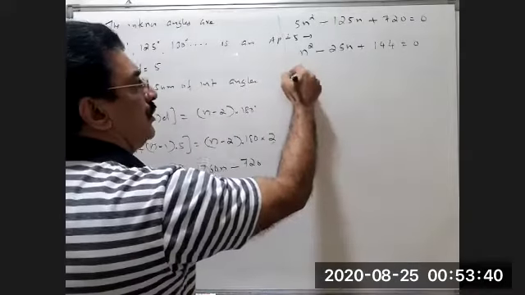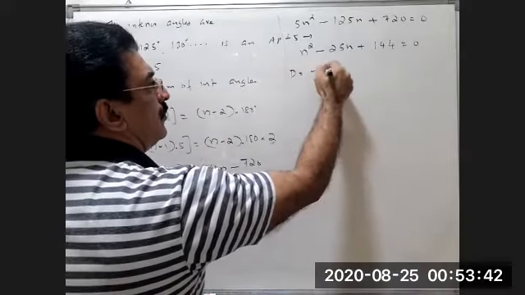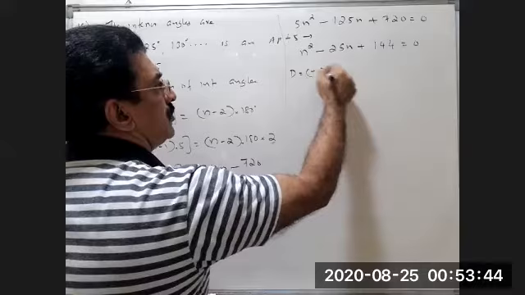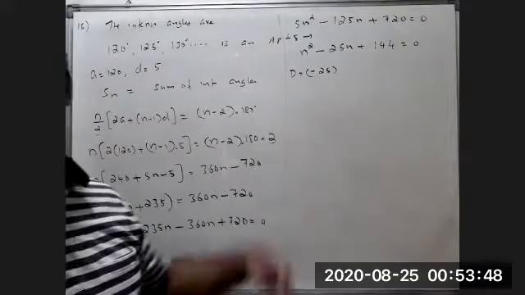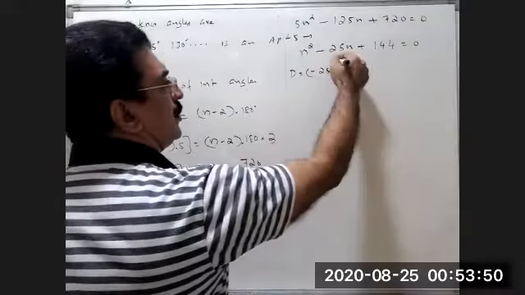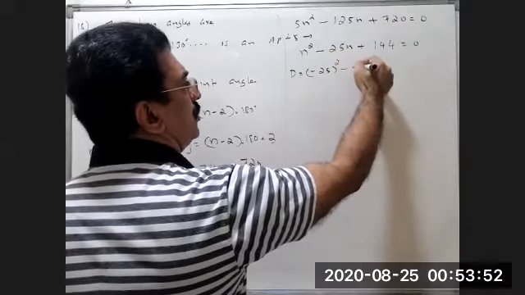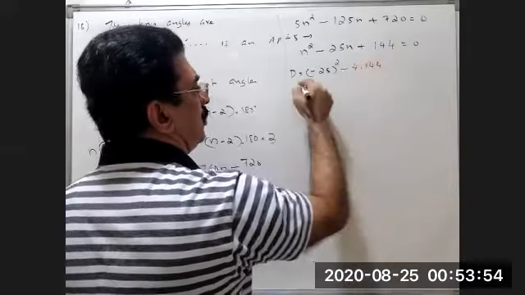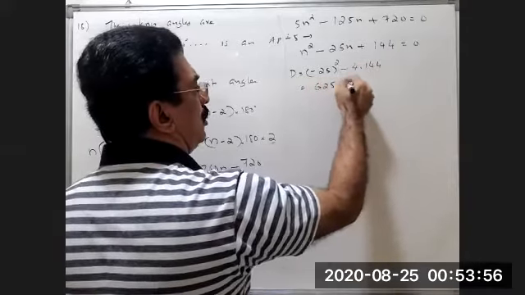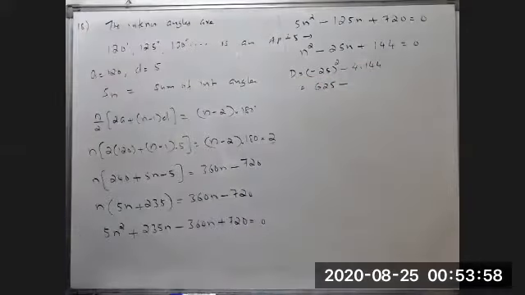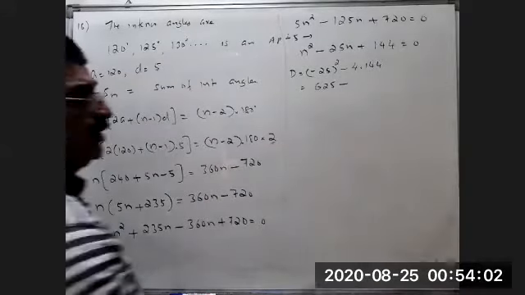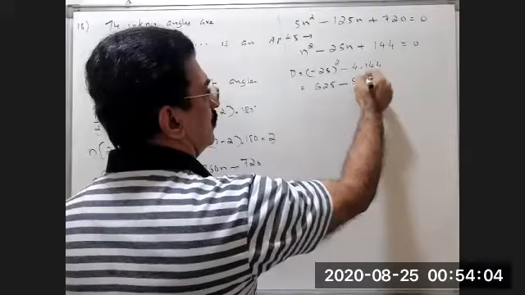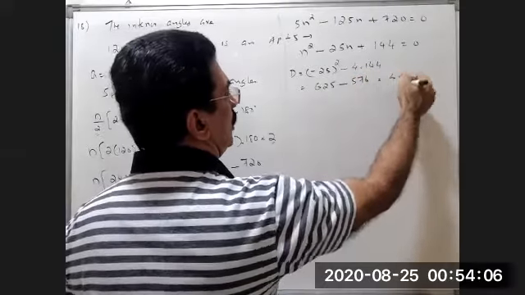Now the discriminant is minus 25 whole square minus 4 into 144. Any method, either go for discriminant or factorization as you wish. 625 minus 576, which is 49.